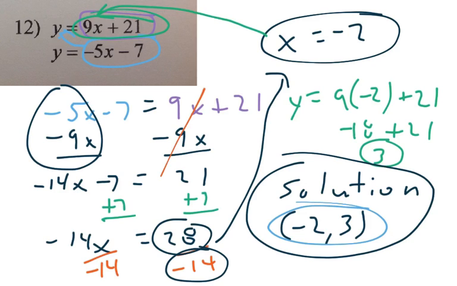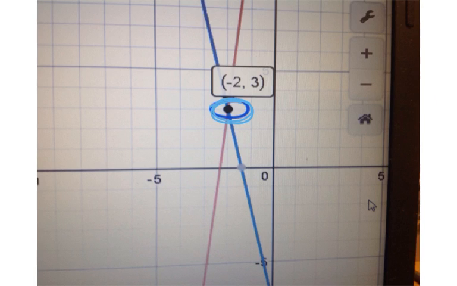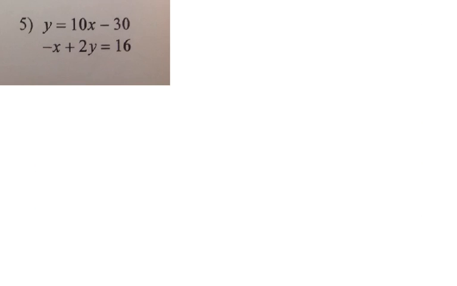Now, let's just try one more with a little bit different format to it. So, look at number 5 from today's worksheet. Notice we still have y, in this case, y equal to 10x minus 30. But notice the second equation, the purple equation, is in standard form. So we can't just set them equal to each other. So instead, we're going to take the y and we're going to plug it in for the other y.